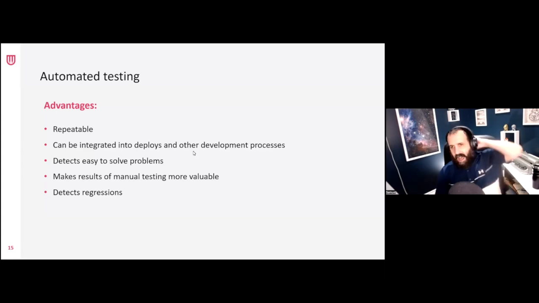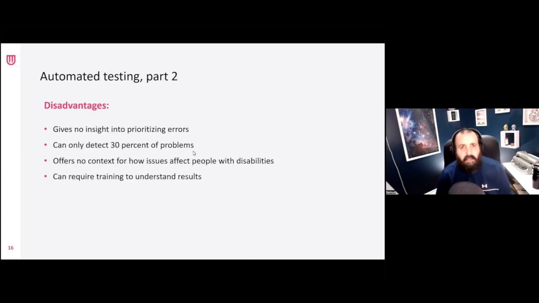And when it does that, detects those easy-to-solve problems, and is automatically in place to detect any regressions that you may have introduced, you'll find that it adds value to any of the manual testing that you are able to do. So don't be afraid of automated testing, but do understand its limitations.